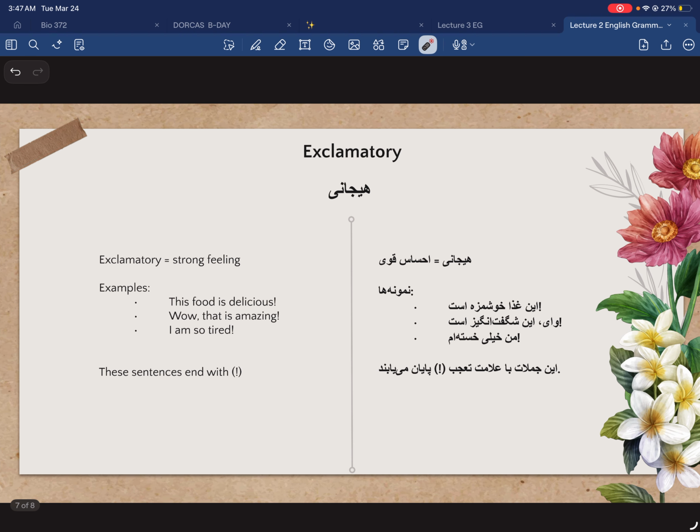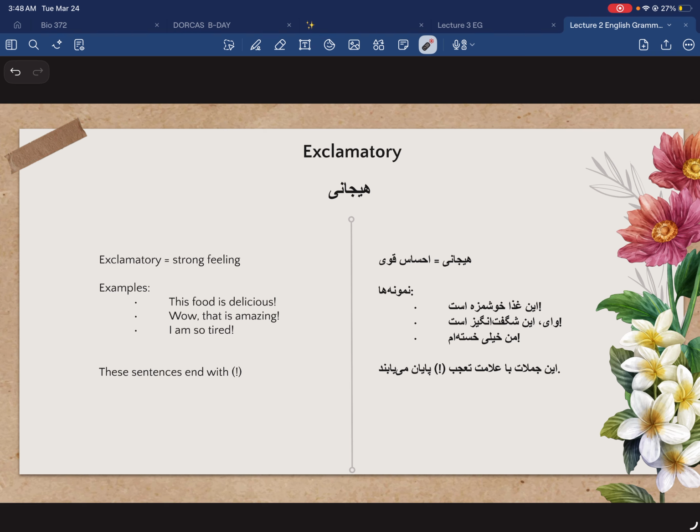All right, the next one and the last one is the exclamatory sentence. An exclamatory sentence expresses strong feeling and emotion, and it usually ends in an exclamation mark. Something like, this food is delicious. Wow, this is amazing. I am so tired.